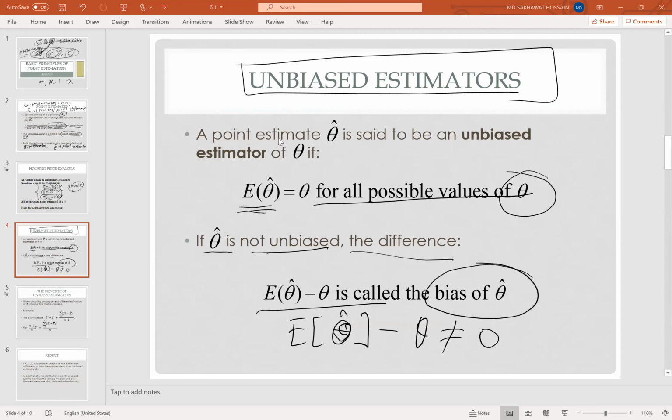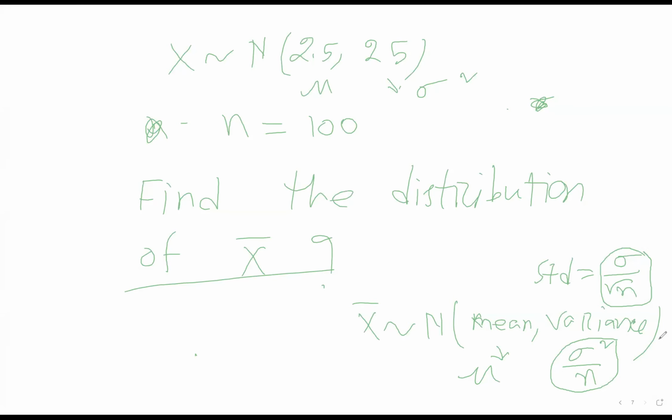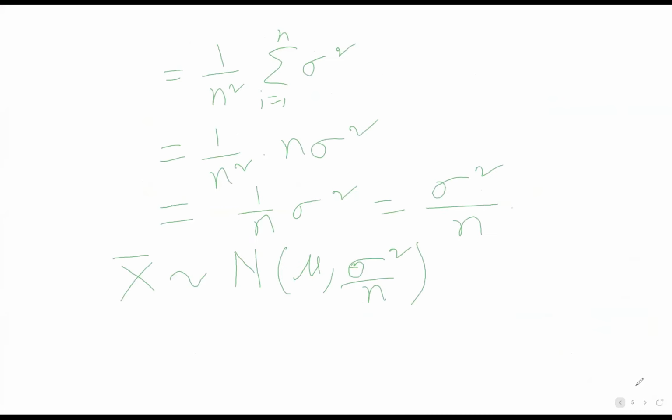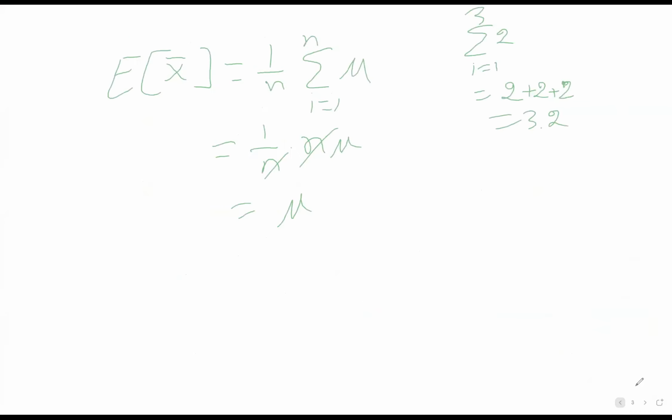If you remember here, you can see the mean of X was mu. Now if we use X bar, that means 1 over n times the sum of xi, to estimate mu.